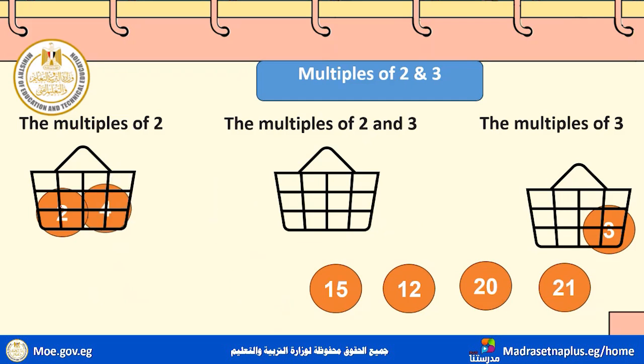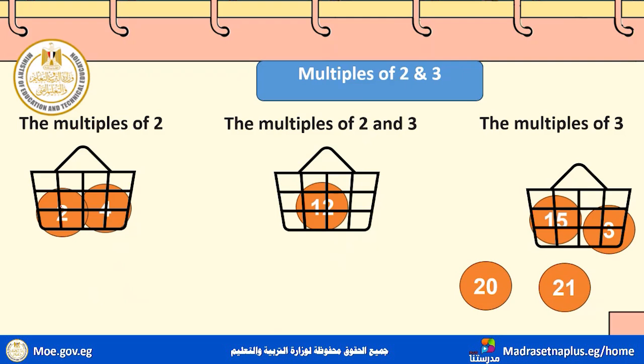Yes, 4 is a multiple of 2. 15 is a multiple of what? 15 is a multiple of 3. 12. Oh, 12 goes to the middle basket. That means 12 is a multiple of both 2 and 3.